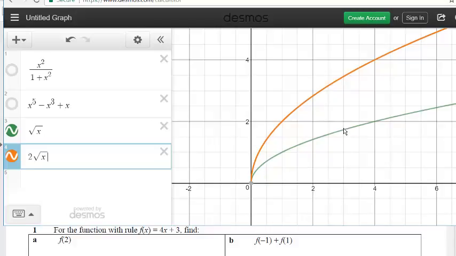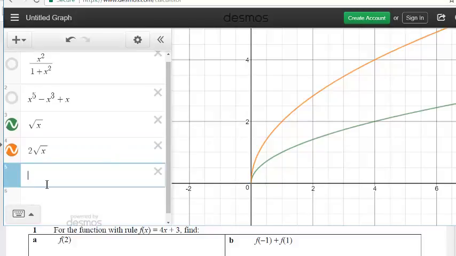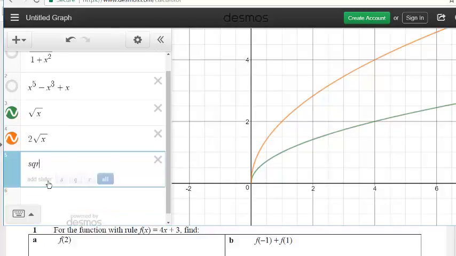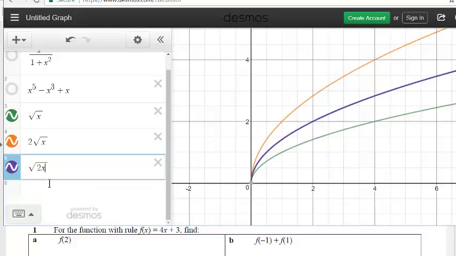Now I'm going to draw the compression: square root of 2x. In this case it seems to have a similar effect, but this one has been compressed horizontally. It seems to have the same effect because of the nature of this graph: the horizontal compression and vertical dilation have a similar effect.